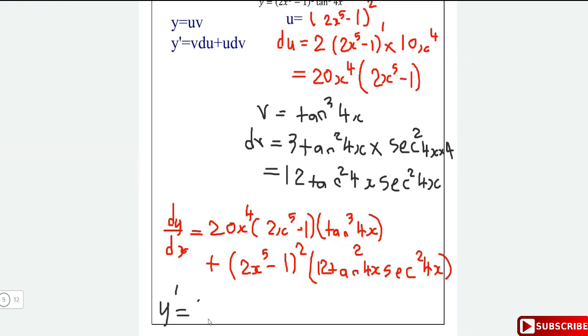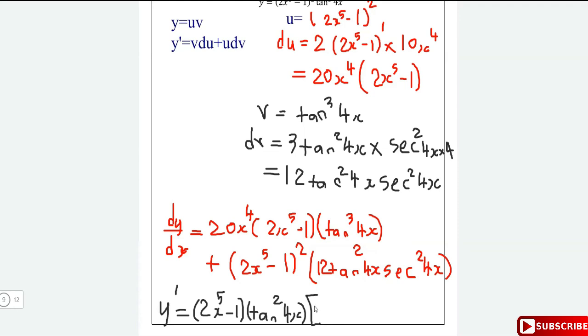So what they do is they'd factor out 2x to the 5th minus 1 times tan square 4x, and so what you'd be left with is what's inside the bracket.